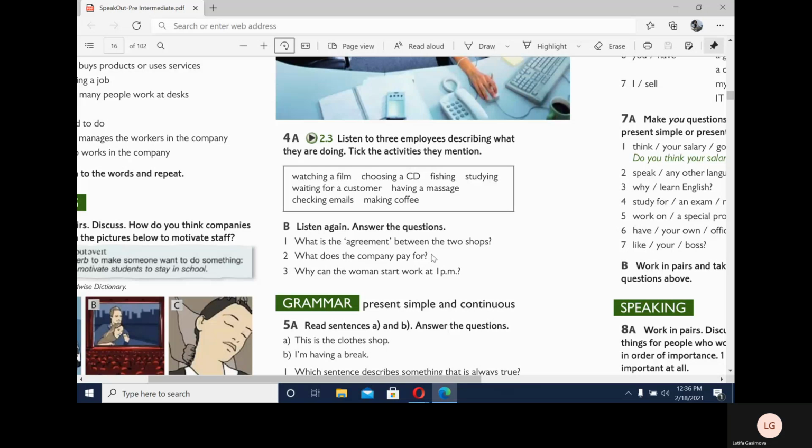2. So this is the clothes shop, and this is the study area. Right. So you have a study area. Yeah, as you can see, David over there is studying, and these two are doing an online course. And this is during company hours. Does the boss know about this? It's the boss's idea.